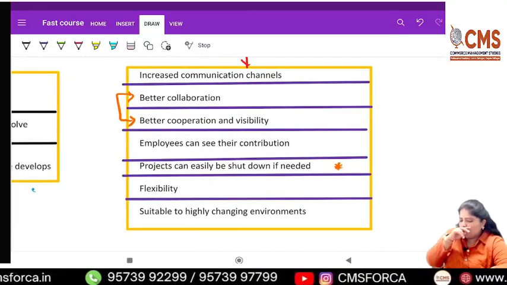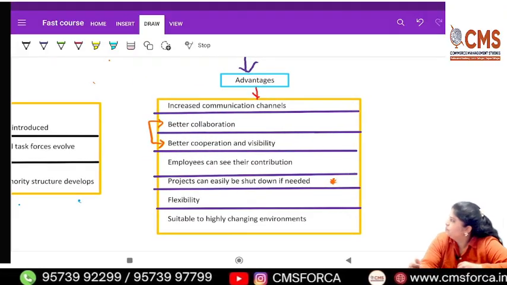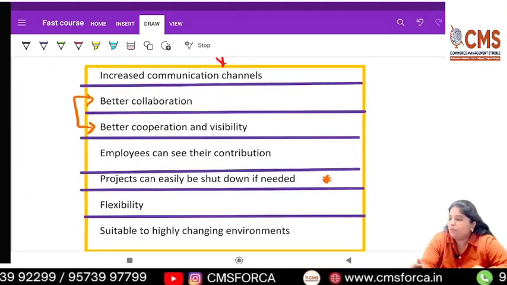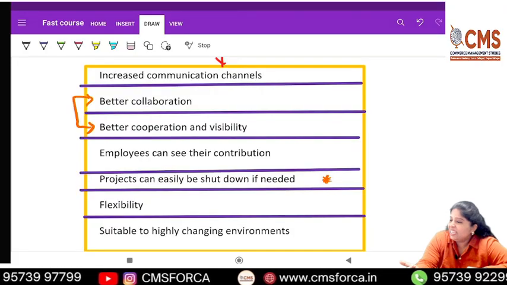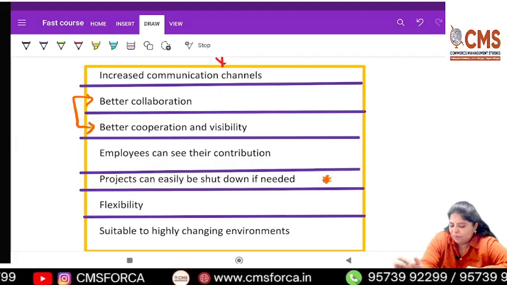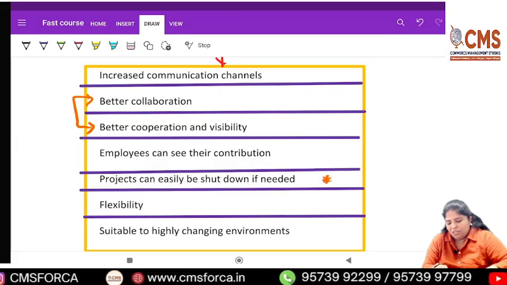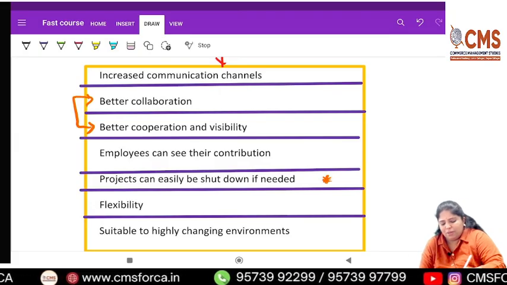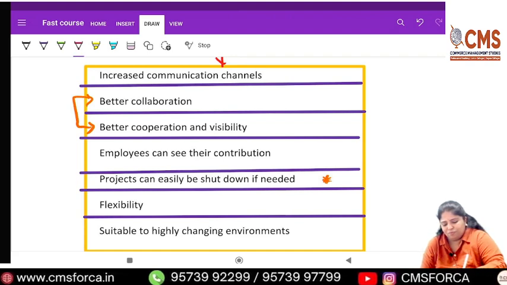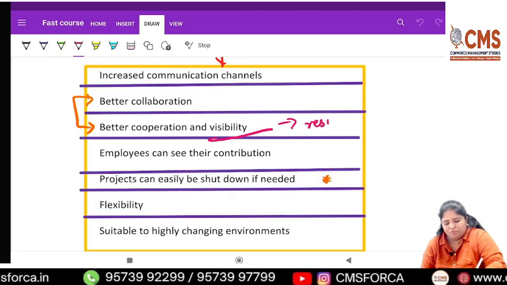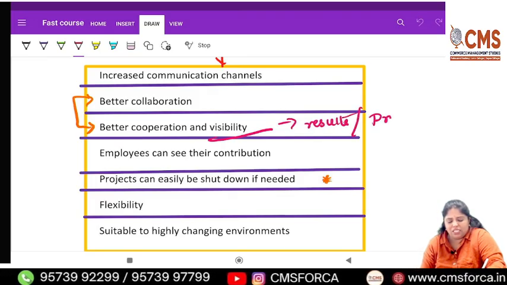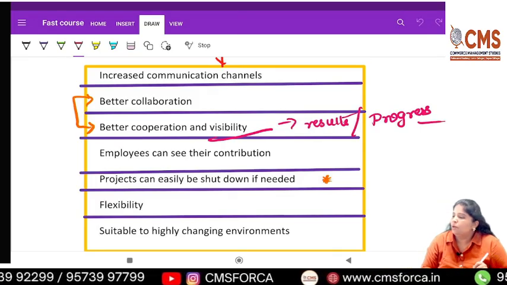Yeah, go through advantages. Should I zoom it a bit? Yeah, increased communication, better collaboration. You have visibility of results and you can easily see how much the project is progressing.